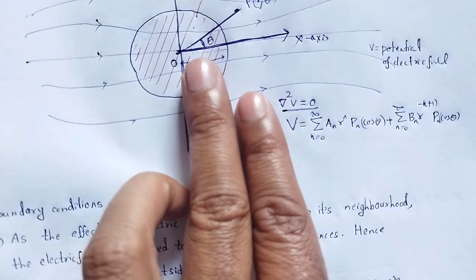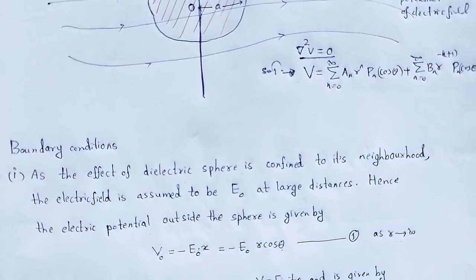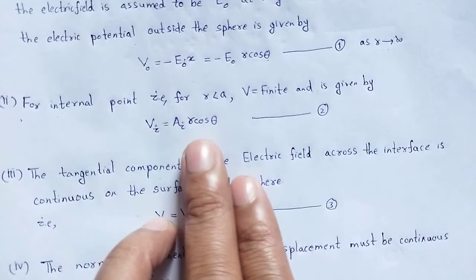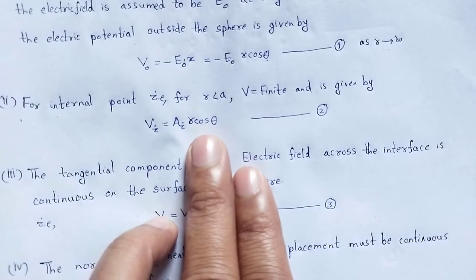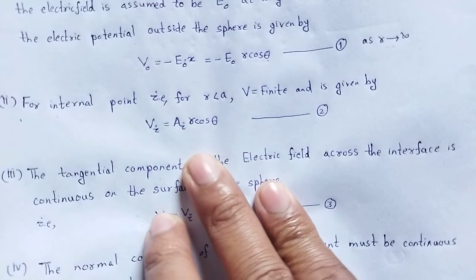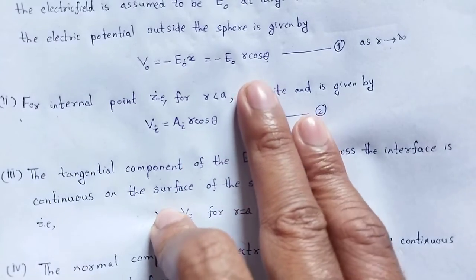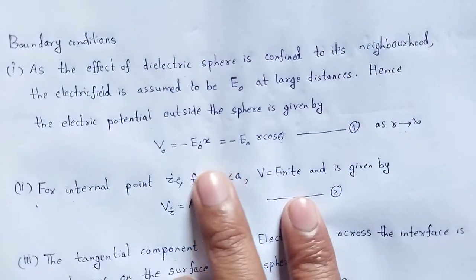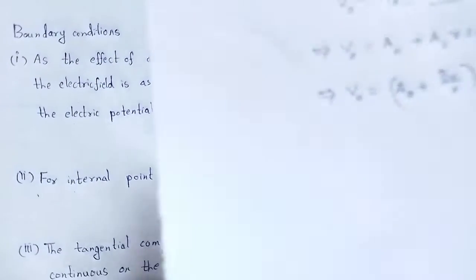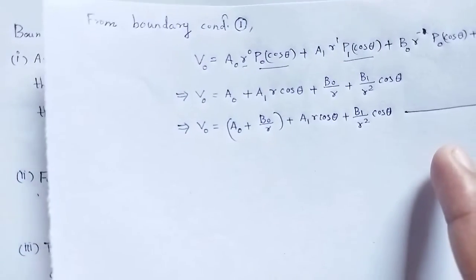So Vi is equal to Ai r cos theta. This is the second boundary condition. So, from equation 1, V naught is equal to minus E naught r cos theta, and here is equation number 5, V naught is equal to that much.